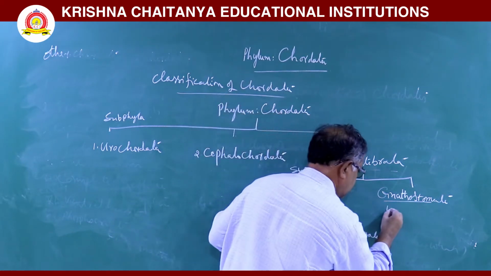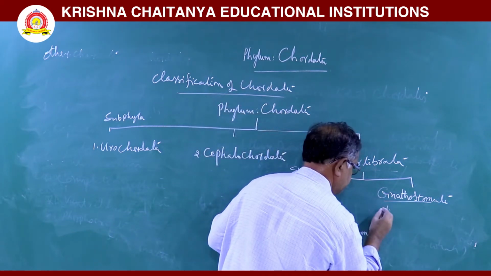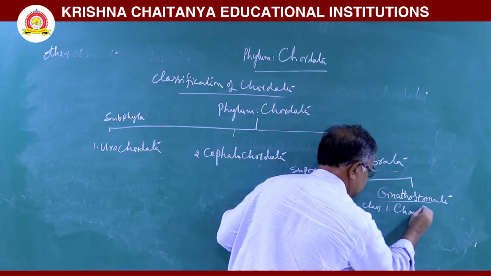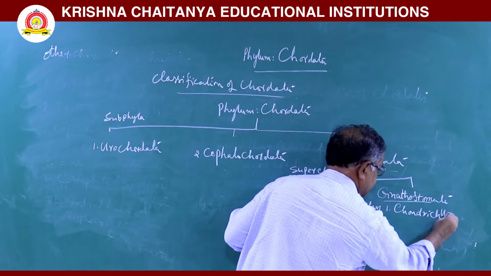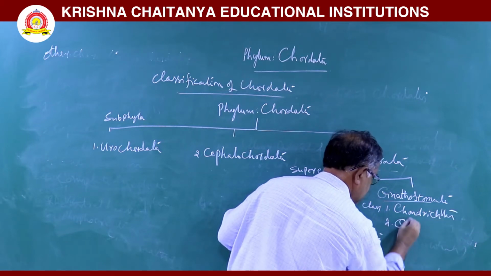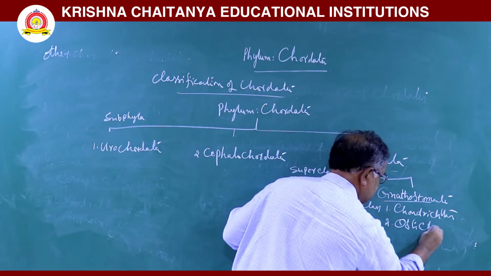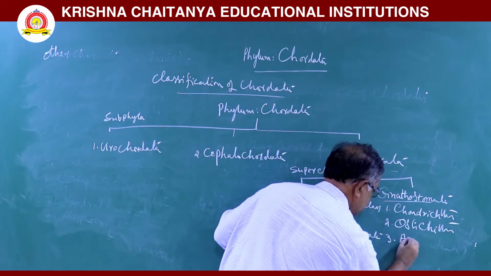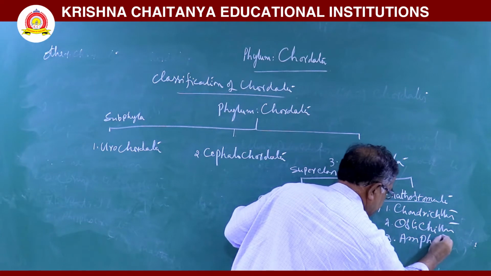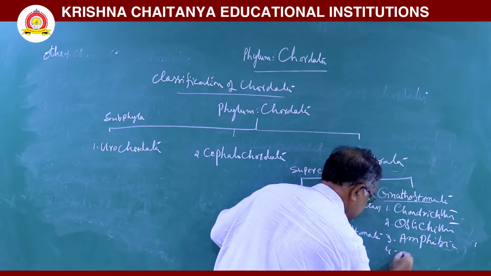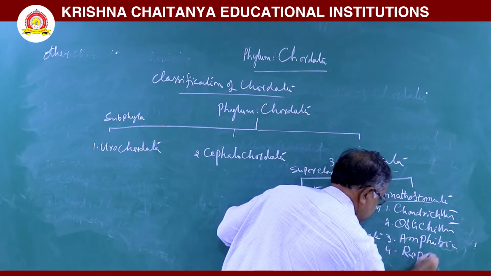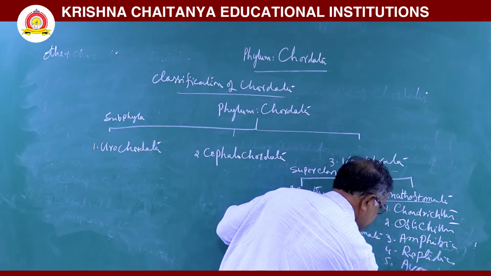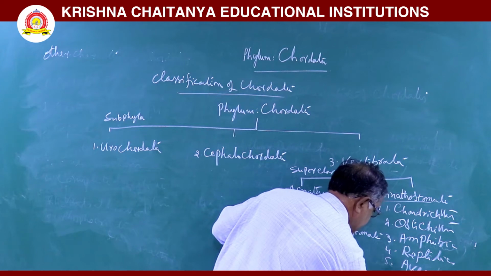Next, in Gnathostomata, there are 6 extant classes. Class 1 is Chondrichthyes. Second one is Osteichthyes, third one is Amphibia, fourth one is Reptilia, fifth one is Aves, and sixth one is Mammalia.